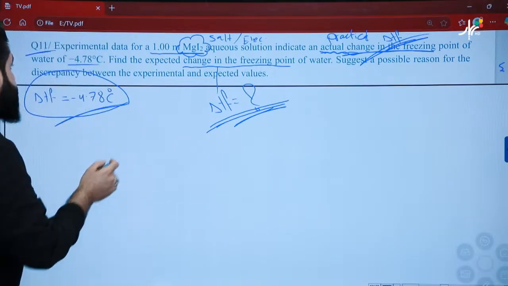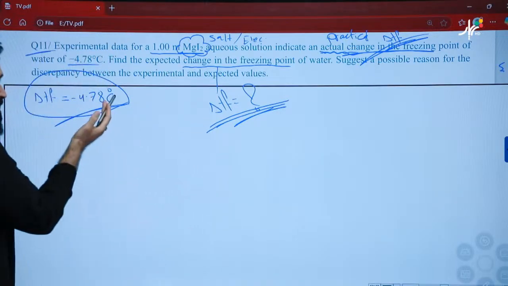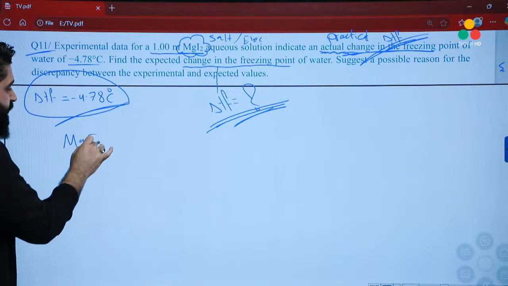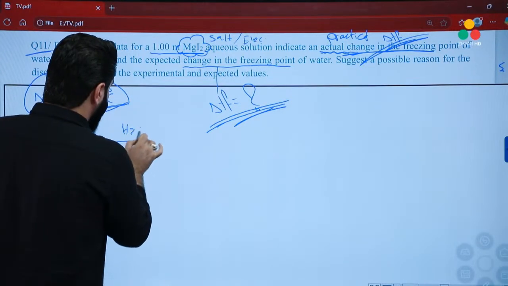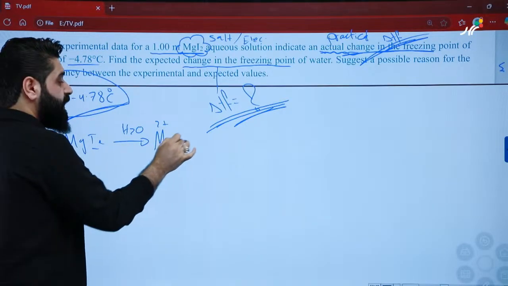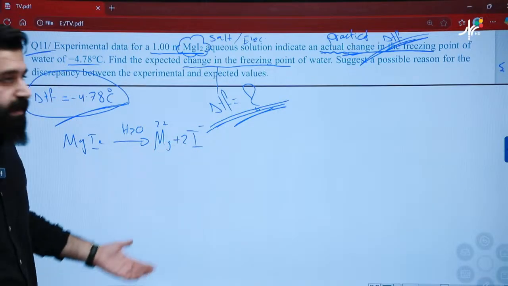First of all, since the compound is a soluble salt, and it's an electrolyte at the same time, you should write the dissociation reaction. MgI2, after its dissociation, will produce Mg plus 2 and iodide ion multiplied by 2 for the sake of balance.